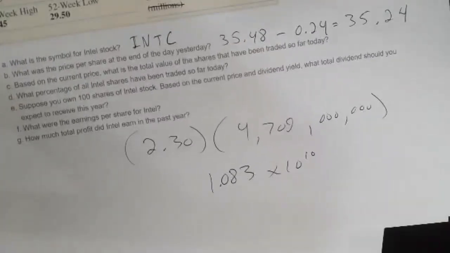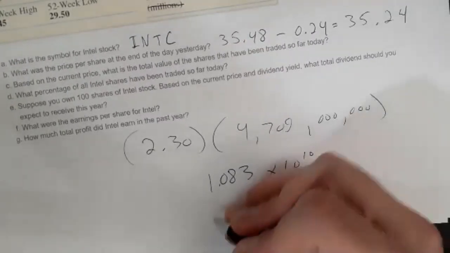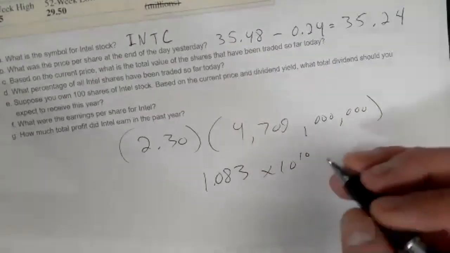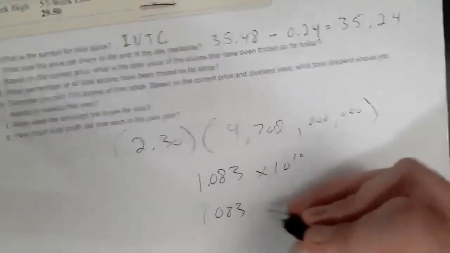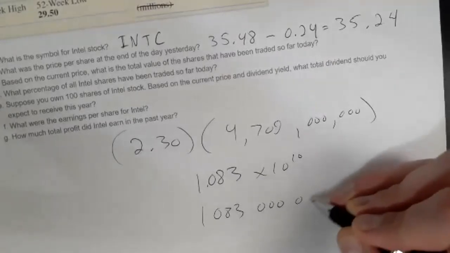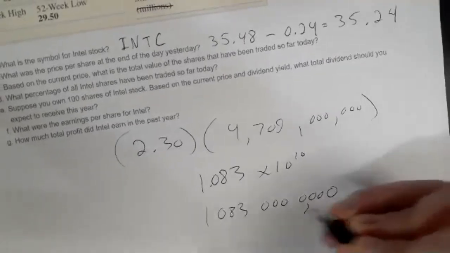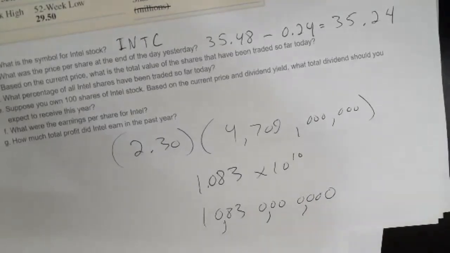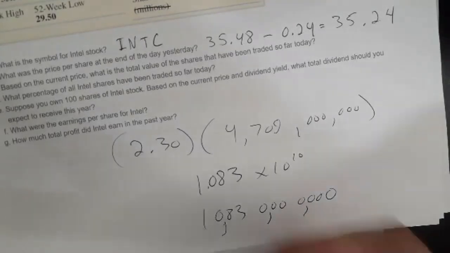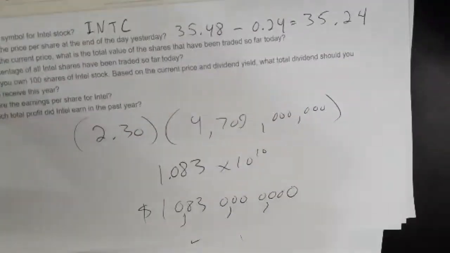So I would really like to see this thing expanded out. So we got to go 3, 6, 9, 10 spaces. Every 3. What is that? 10 billion, I mean, is what that is, I believe. 830 million.